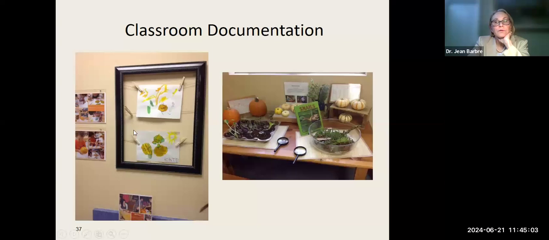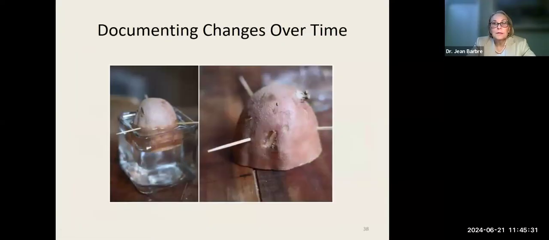These are just picture frames where the glass has been removed, and they put two little eye bolts on either side with this little wire. They have photographs of the children doing STEM, but a lovely representation of what your planning looks like. You've got your text in there, some drawings from children. And again, documentation is important.